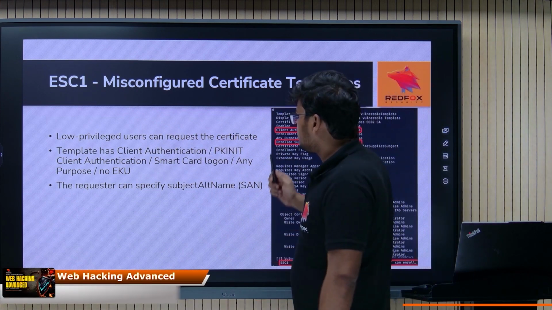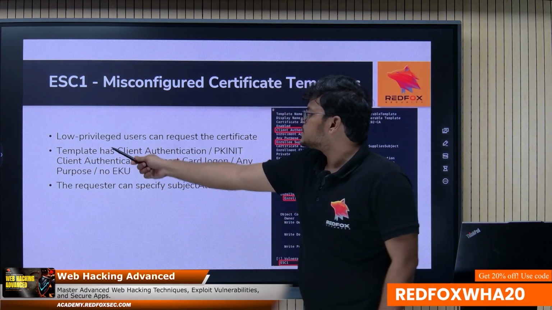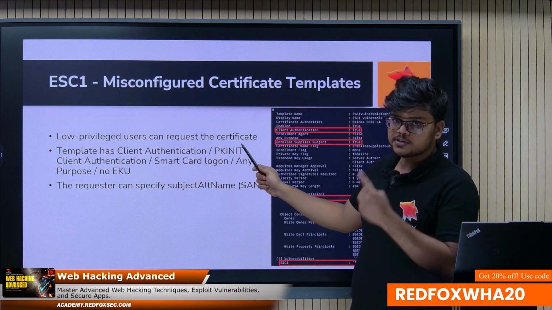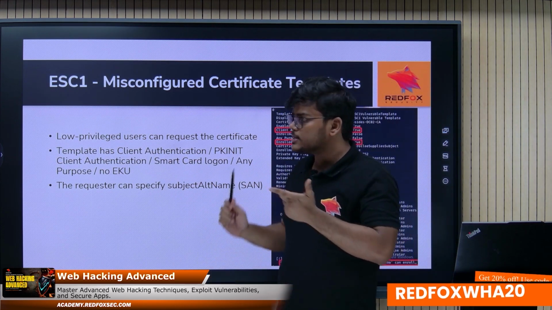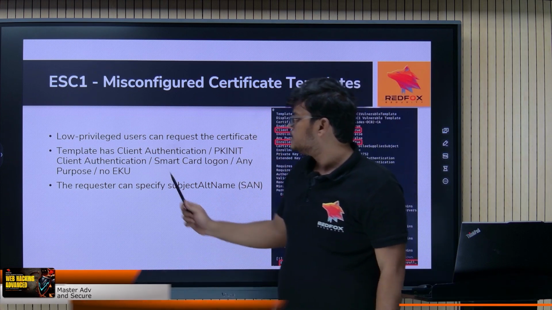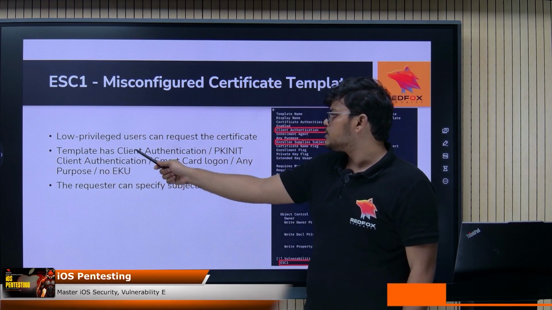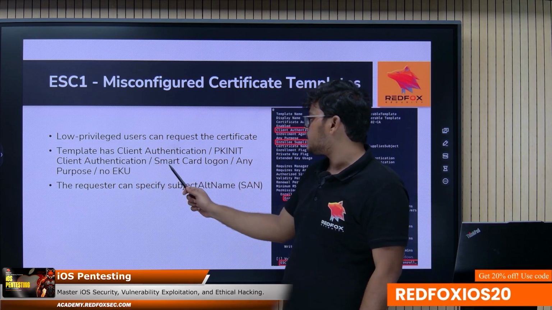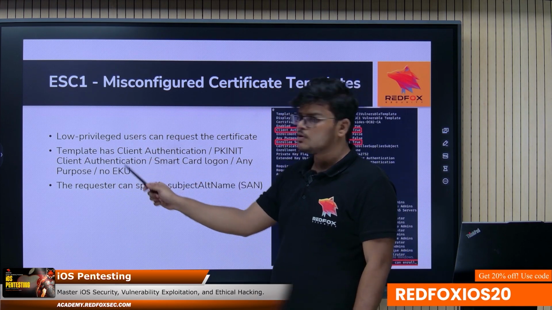The first thing is that low privilege users can request certificates. That's the first requirement that you have to meet to exploit this misconfigured template. Another thing, that template has client authentication, PKINIT client authentication, smart card logon, or any of these. Okay, this template should have any one of these.